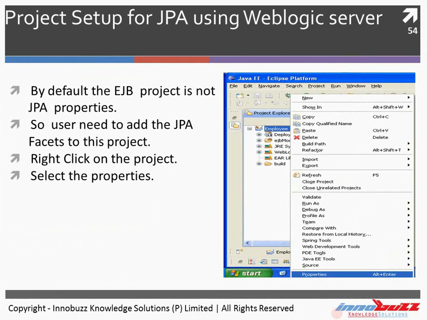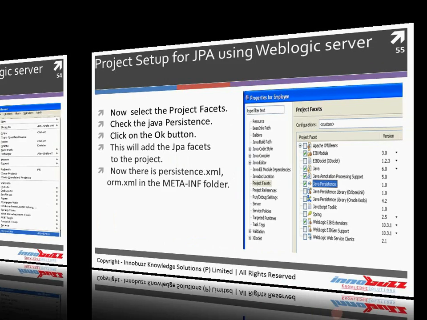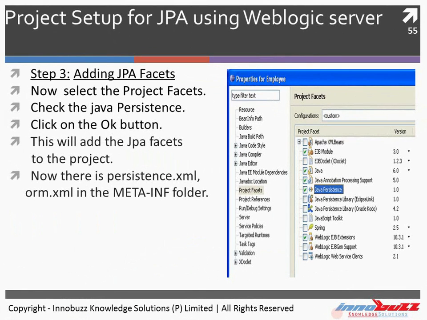Once the session bean is created, by default the EJB project does not have JPA properties. Therefore, the user needs to add the JPA facet to this project. So how can you do that? Right click on the EJB project and then select properties. Adding JPA facets: once you have selected properties, you can select the project facet.